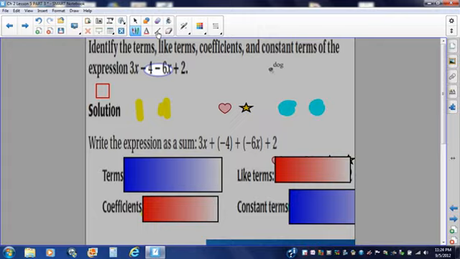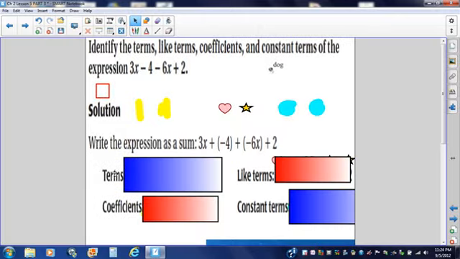Alrighty, on your paper, please write terms, coefficients, like terms, and constant. Or you can call it constant terms. Let's see if you can identify the correct vocabulary words.